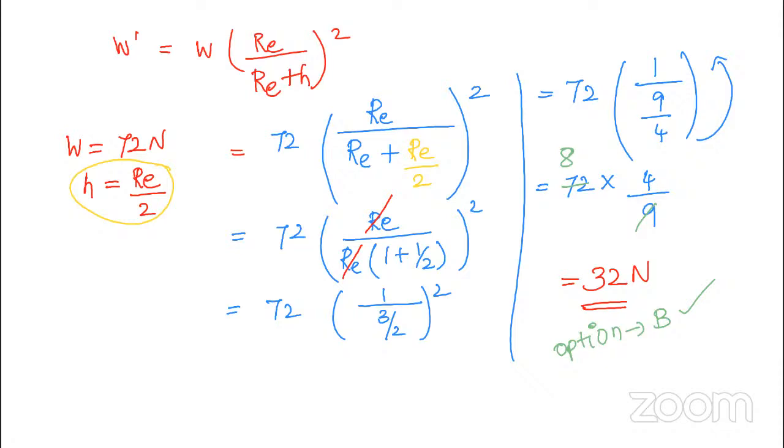In the same problem, they can give different values for W and ask for the value of W dash, or give W dash and ask for the value of W. They can give one of the values and ask for the other, so we have to choose this equation. Up to this, is it clear? It is easy. Yes, put it in the comments.